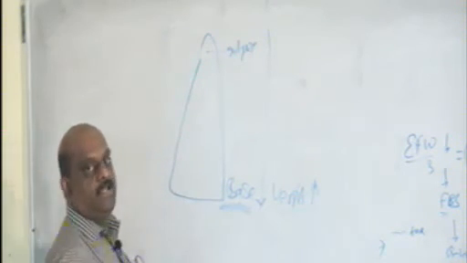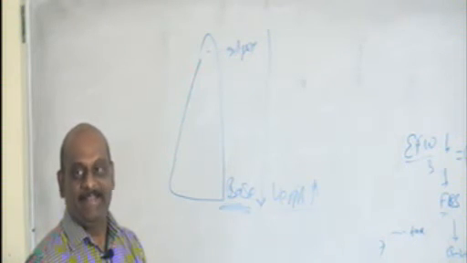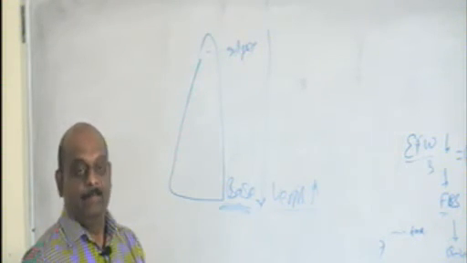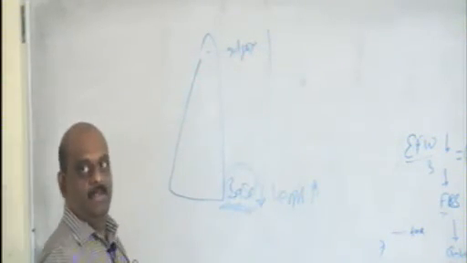There is more ventilation in the base. Base के नीचे क्या है? Diaphragm है. इसलिए ventilation is more in base than in apex.